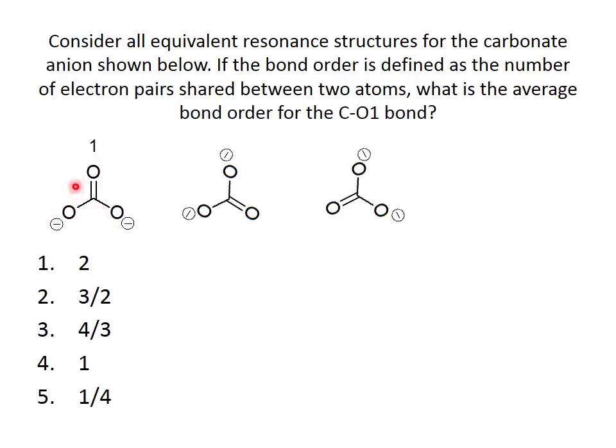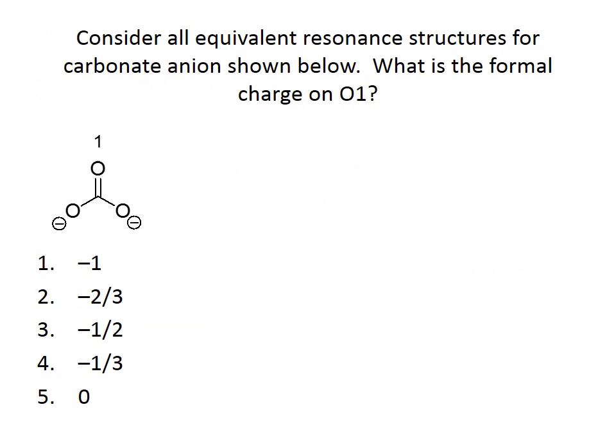Basically, the charge and the double bonds are rotating around on these 3 carbon-oxygen bonds. So if I look at this carbon-oxygen bond order, I see there are 2 bonds here, 1 here, and 1 there. That means 4 bonds over 3 different structures. That gives it a bond order of 4/3.